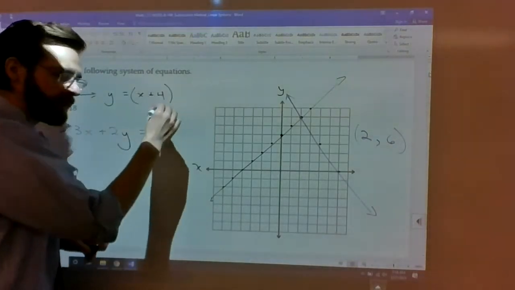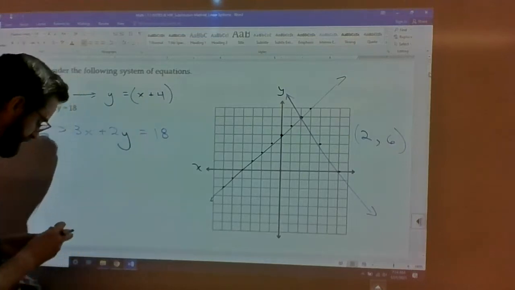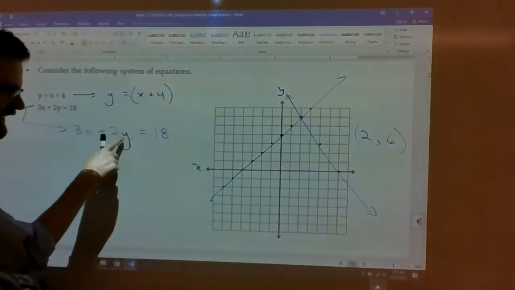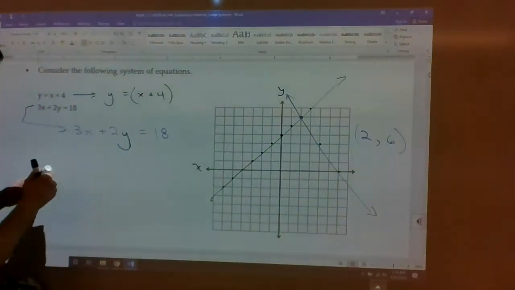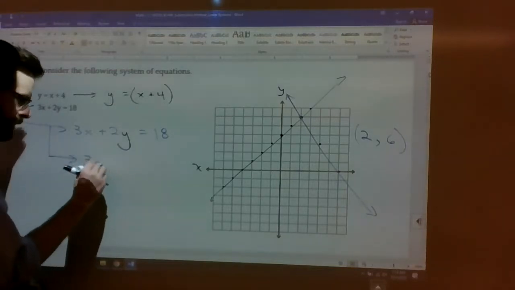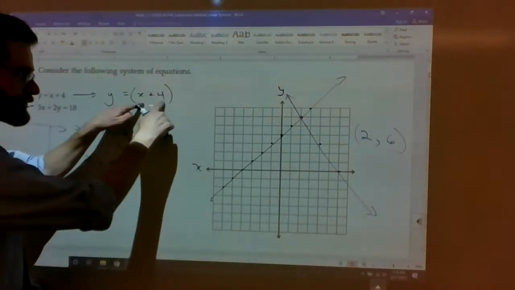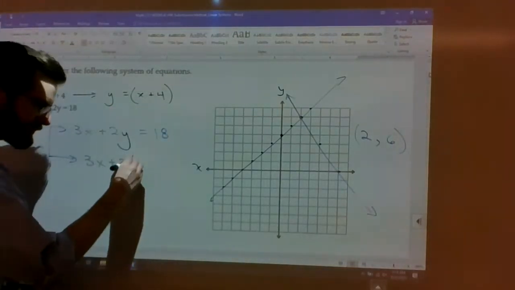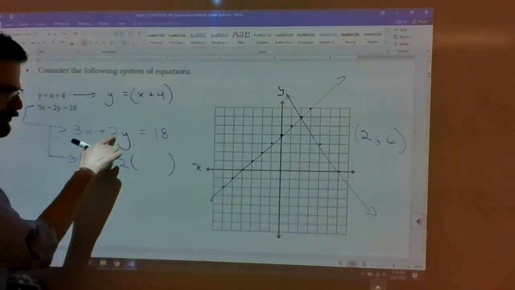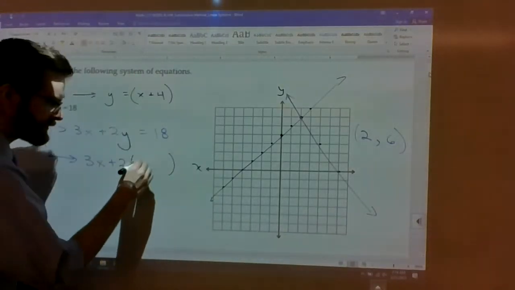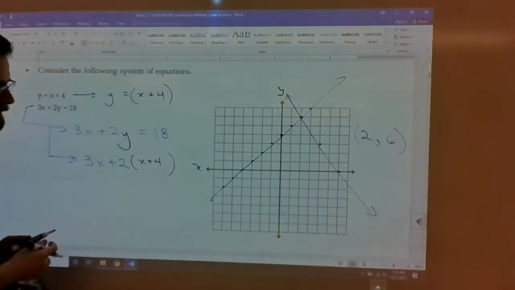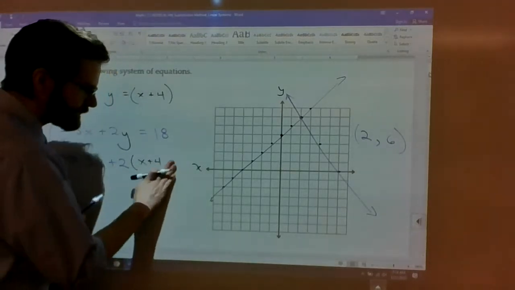So what I'm going to do here, it's kind of tricky, it's outside the box, but I am going to replace that y with the x plus 4. I'm going to put grouping symbols around it to say I'm multiplying 2 times x plus 4. And that all equals 18.